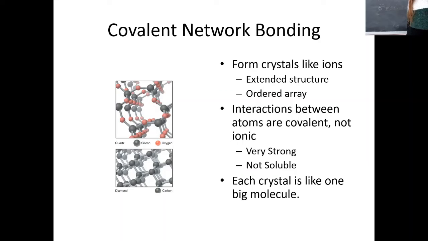We know silicon dioxide as glass if it's not ordered. But if it is highly ordered, then it is quartz. And so quartz has really a lot of interesting properties, but one of them is it's not a 10 on Mohs scale, but it's like a 7 or an 8. It's very, very hard. All right, questions about covalent bonding?